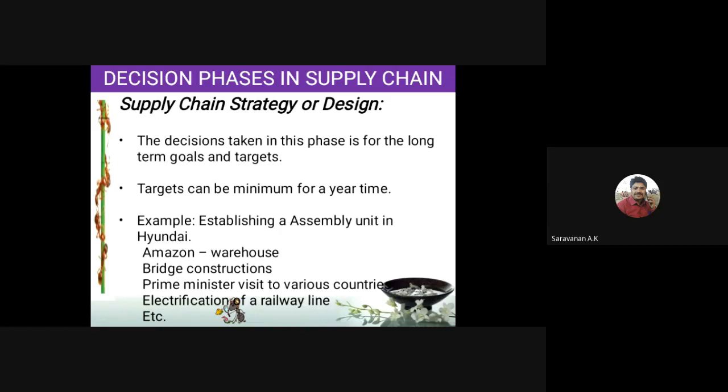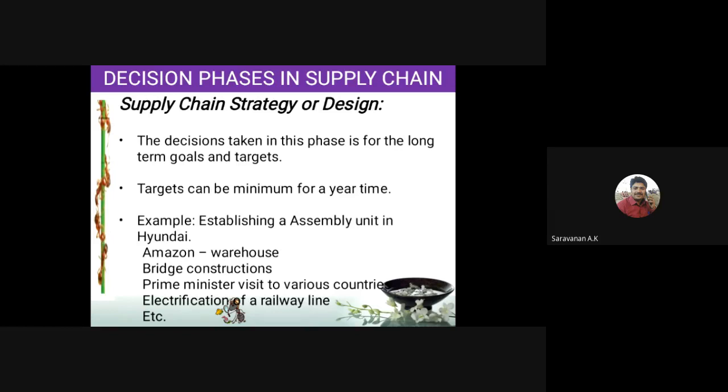If you sign the LIC policy today, the policy will mature after 20 or 30 years. So this is the supply chain strategy or design, a decision taken for a long time. There should be a minimum time period of 1 year, and only then is it called a supply chain strategy. There are a lot of examples, and you will see them one by one.